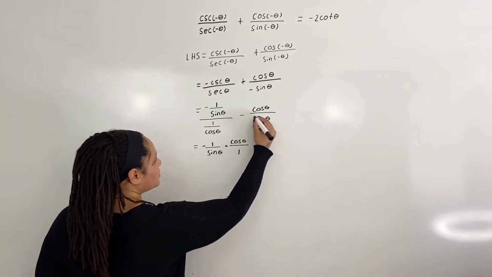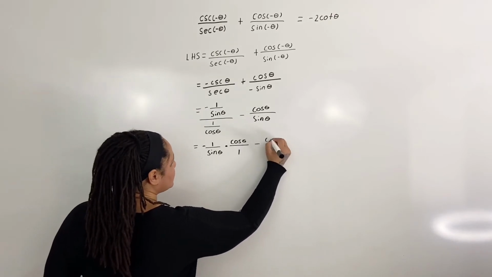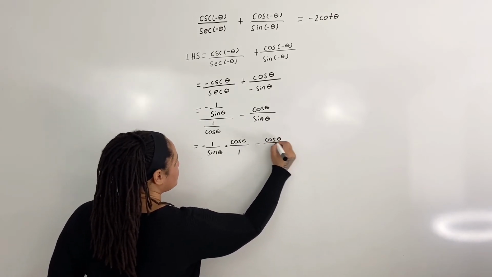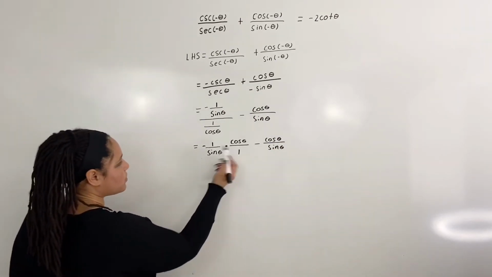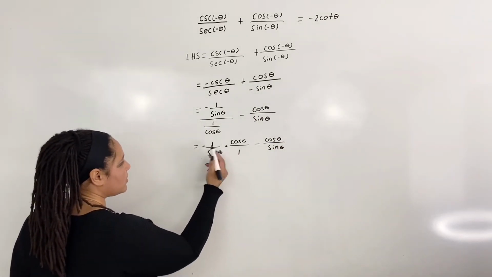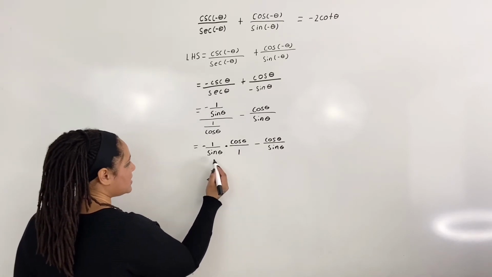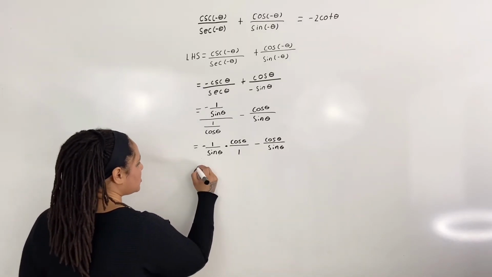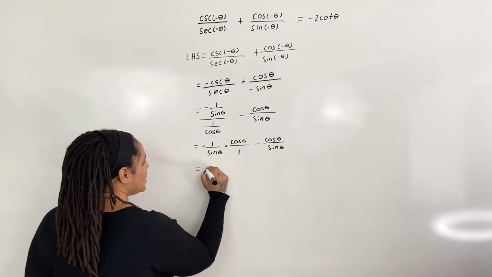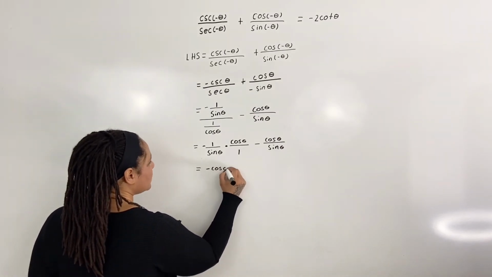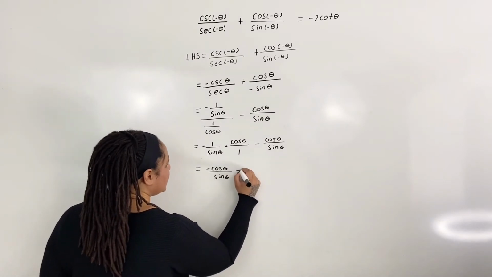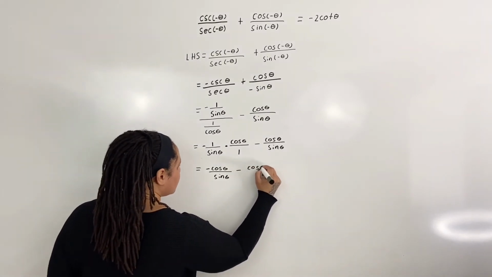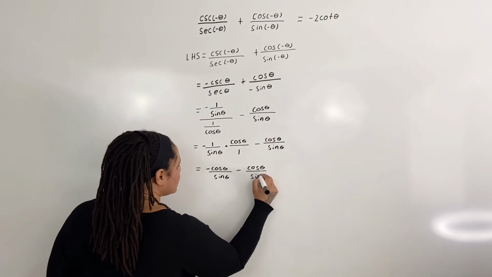And I'm going to bring this down, so we have minus cosine of theta divided by sine of theta. Now I'm just going to multiply cosine and 1 together and sine and 1 together, so we have that this is equal to negative cosine of theta divided by sine of theta minus cosine of theta divided by sine of theta.